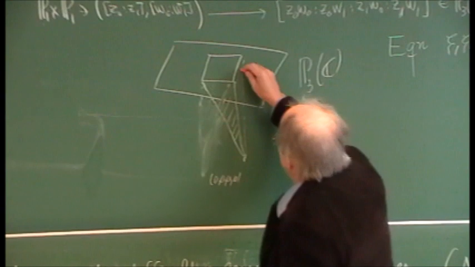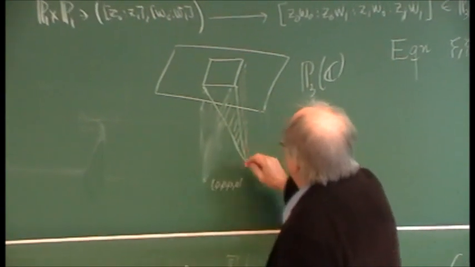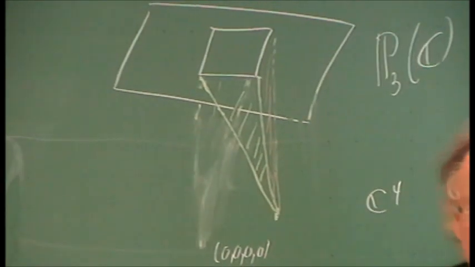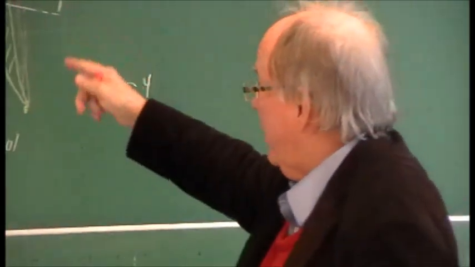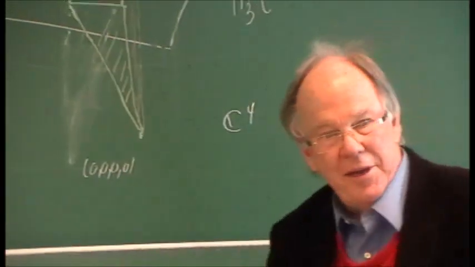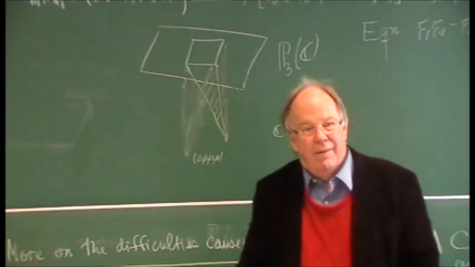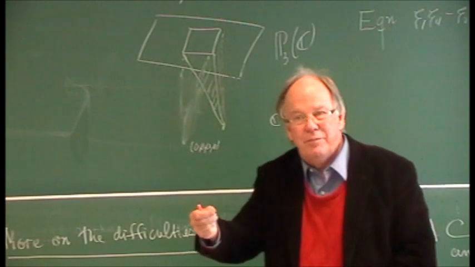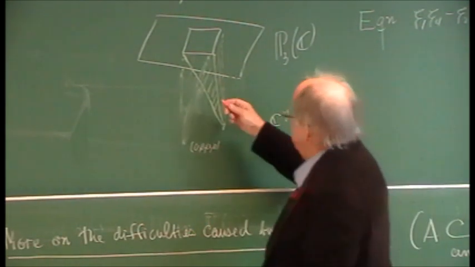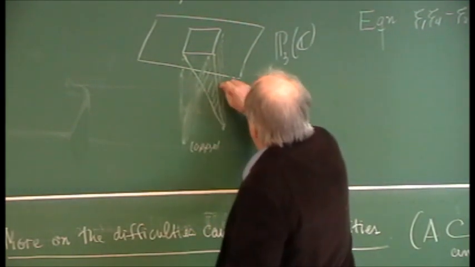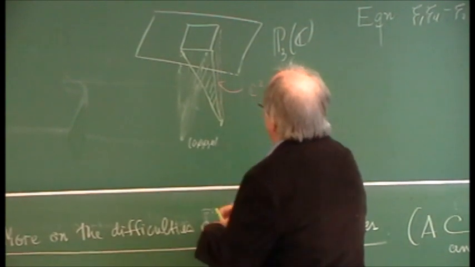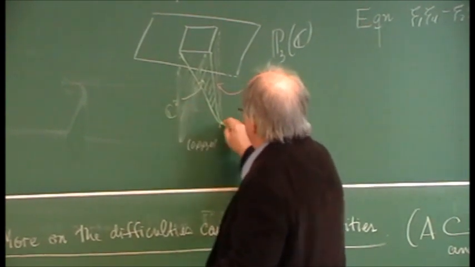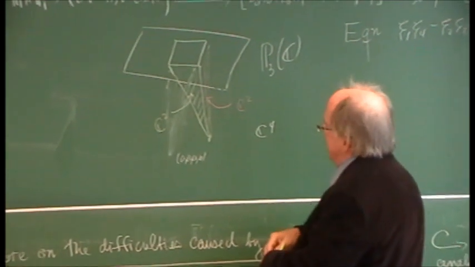The cone over a line, you know very well, is a product, and that line is embedded as a line, and a cone over a line is just C2. It's the usual cone over a projected line. So this thing here is C2, and this thing here is C2. It's a beautiful smooth manifold through this singularity.